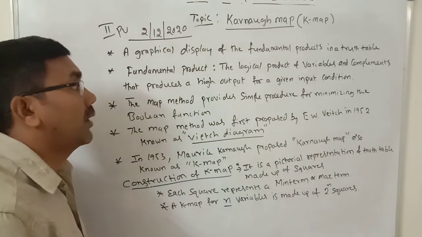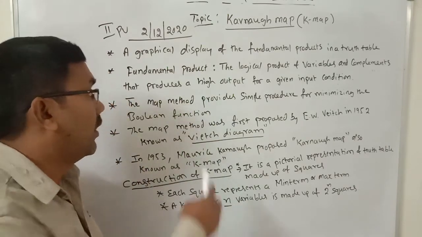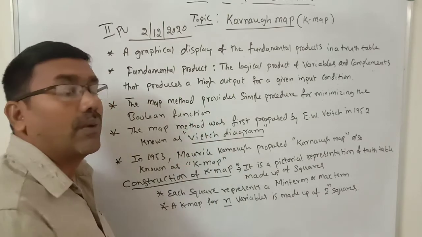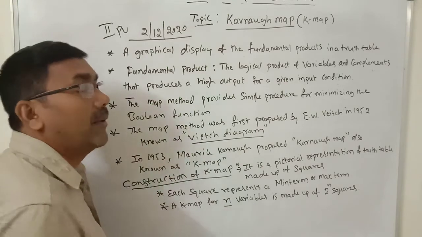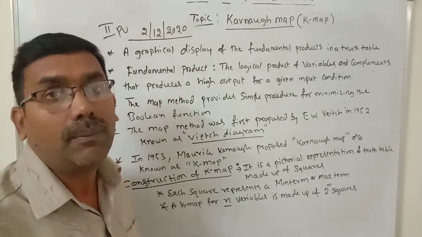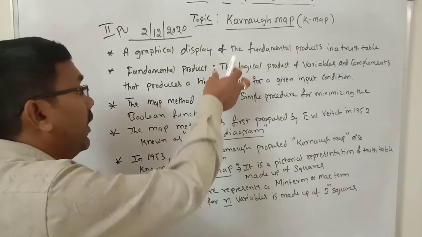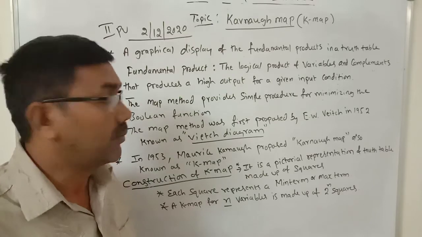K map ಏನಕ್ಕೆ ಯೂಸ್ ಆಗುತ್ತೆ? ಮೇಯ್ನು ಗ್ರಾಫಿಕಲ್ ರೆಪ್ರೆಸೆಂಟೇಷನ್, ಈಸಿಯಾಗಿ ಸಾಲ್ವ್ ಮಾಡ್ಬೋದು. ಸಿಮಿಲರ್ ಟು ಟ್ರೂತ್ ಟೇಬಲ್ ಥರನೇ improved version. K map, you can find the fundamental product, SOP and POS. Using the diagram also you can reduce product of sum and sum of products expressions.